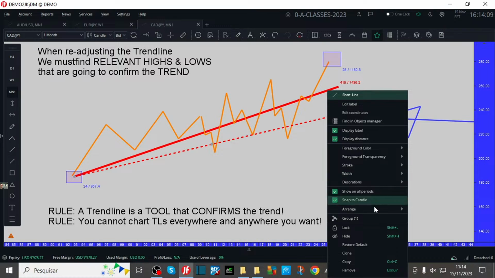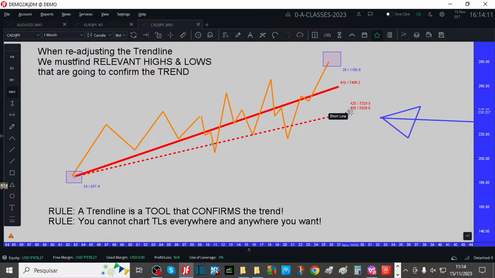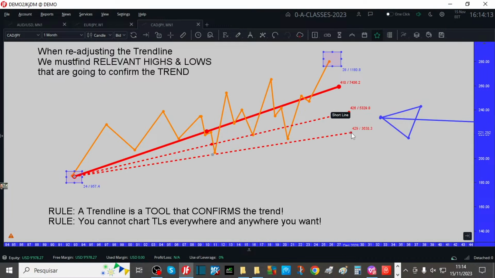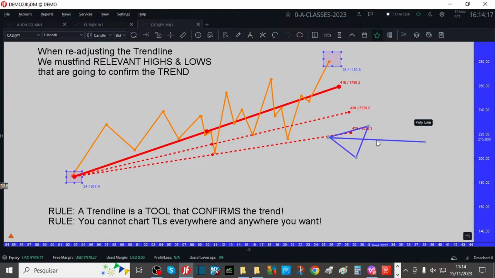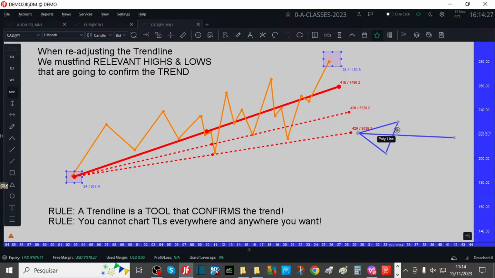So I'm going to stretch it and leave it maybe something like this. And I'm going to say, now does this trend line conform all of this messy market, all of this sequence? And here the answer is going to be yes, right?